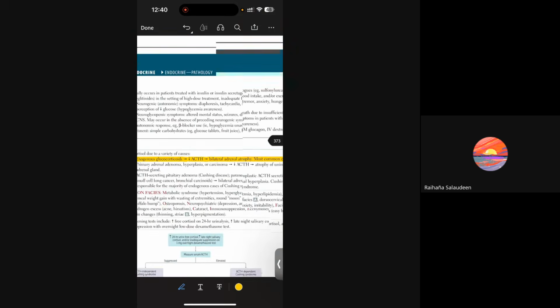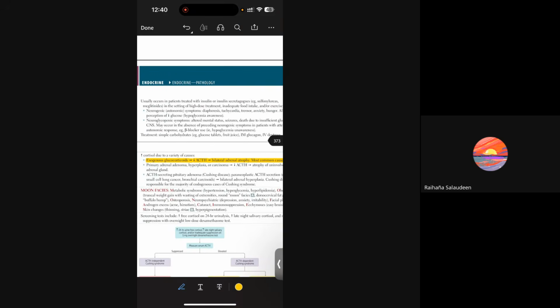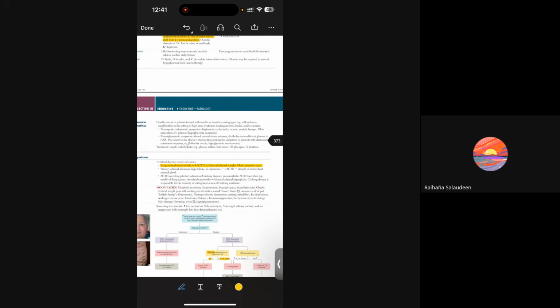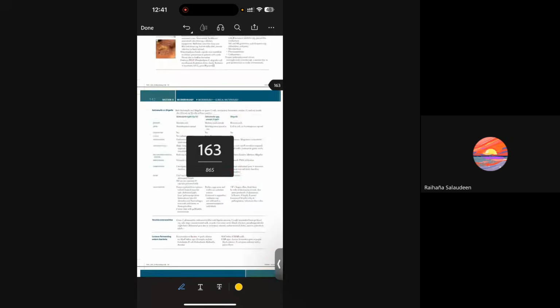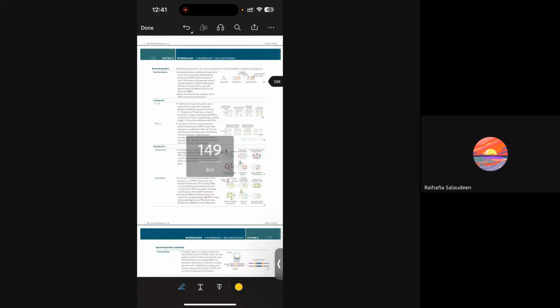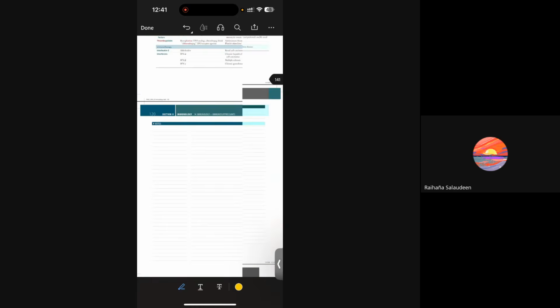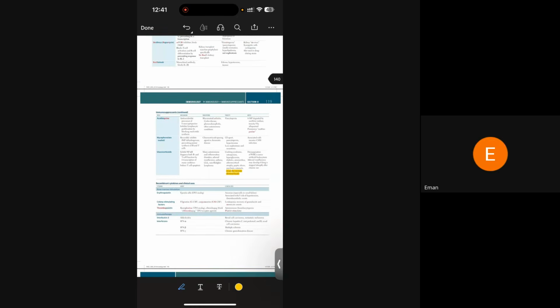It is the most common cause of Cushing syndrome, not adrenal adenoma, hyperplasia, or carcinoma, not pituitary adenoma. Exogenous steroids is the most common cause of Cushing syndrome. And what will happen to the adrenal glands in exogenous? They are going to atrophy.